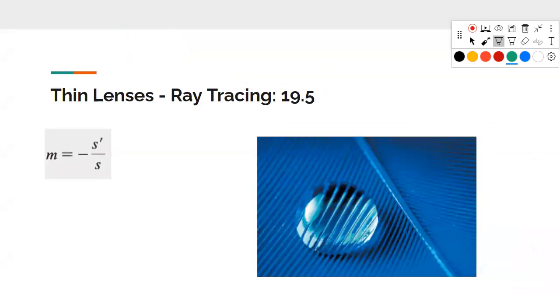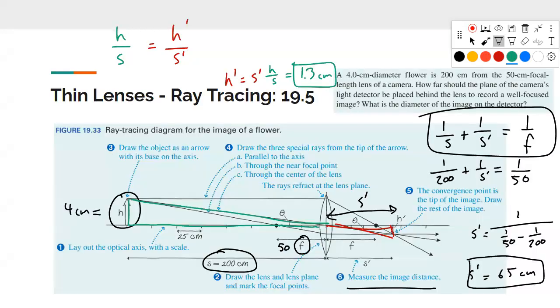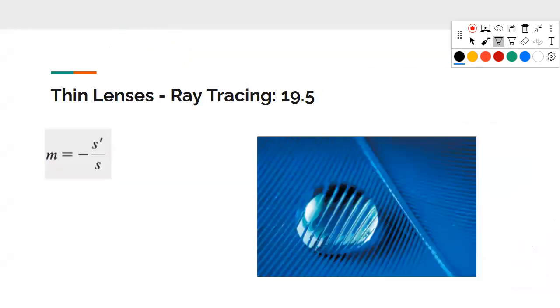And so what we just used there when we found this new height, you can see just from looking at the similar triangles that the new height was the old height times this factor s prime over s. And so we can call this factor the magnification.